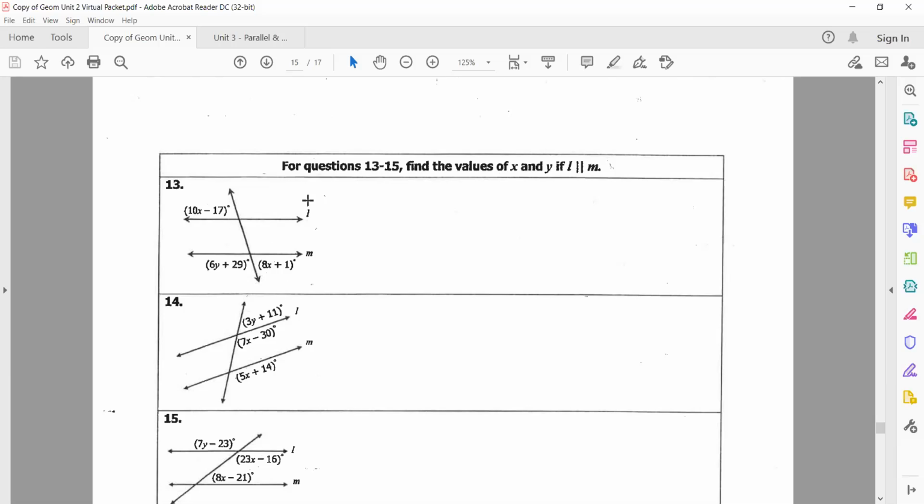So you can create an equation. Somebody read those for me. 10x minus 17. And 8x plus 1.